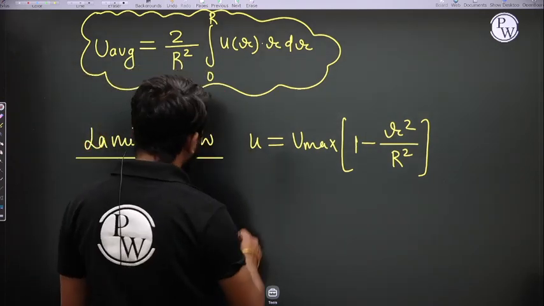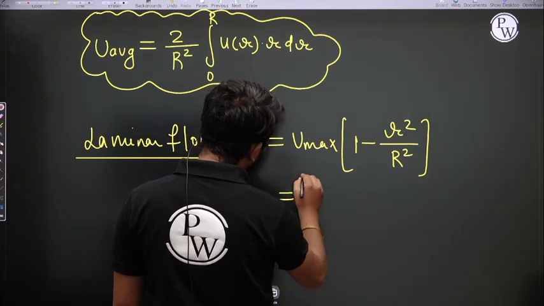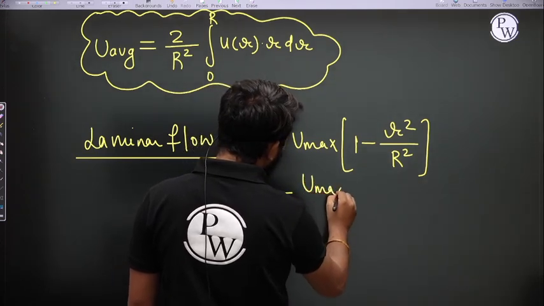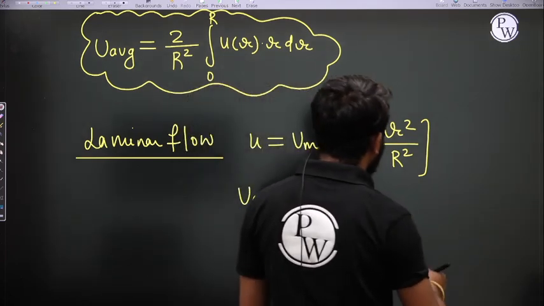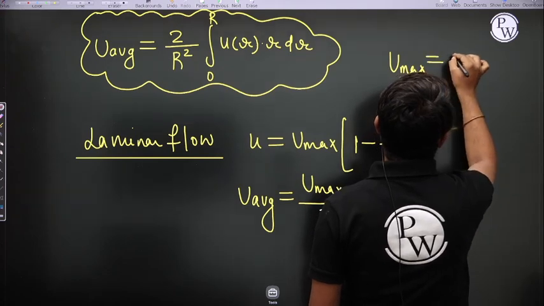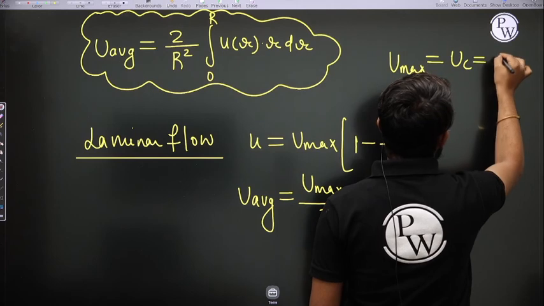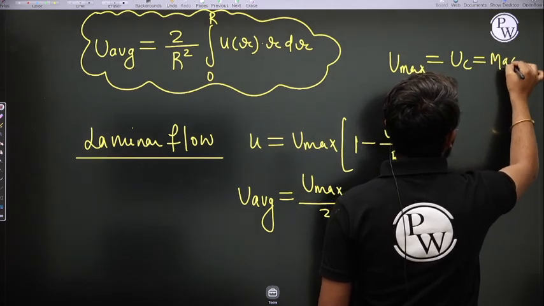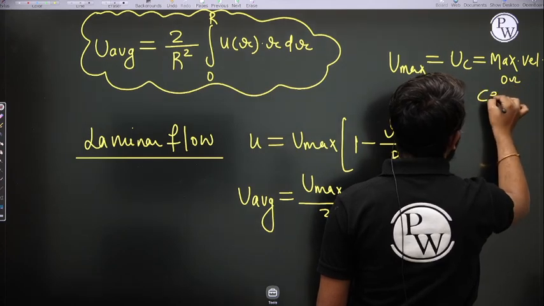From here, if you calculate the average velocity, it is u maximum divided by 2. And this u maximum is nothing but the center line velocity also, u maximum or uc.